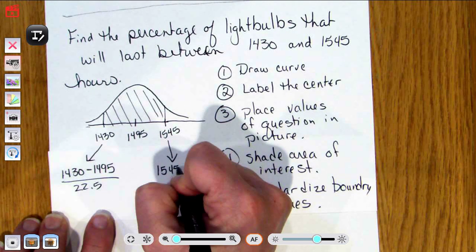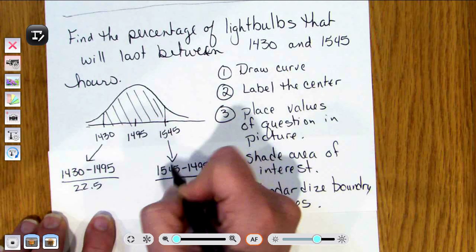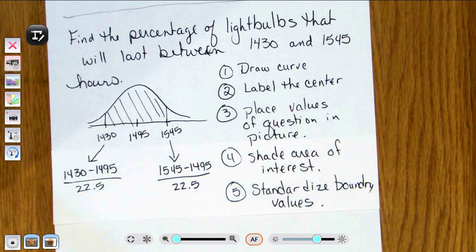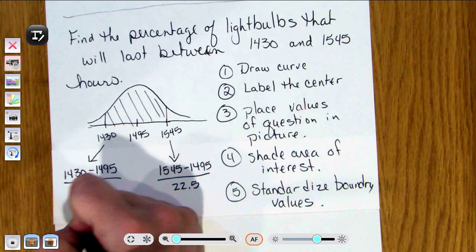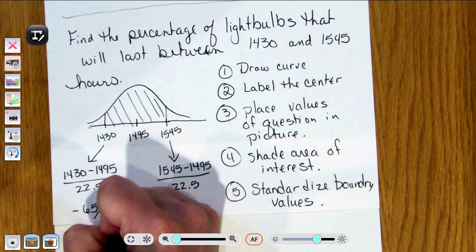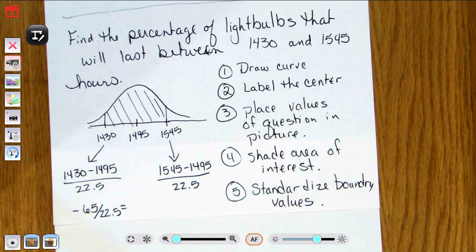Value minus mean divided by standard deviation. And then drag out our calculator. 1430 minus 1495. You will notice you get a negative value. That is to be expected. The negative tells us that we are smaller than the mean.